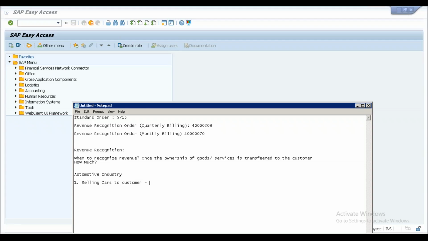What will happen as soon as the car is sold? Let's say the company is selling a car at 10,000 USD. So what would be the revenue of the company?